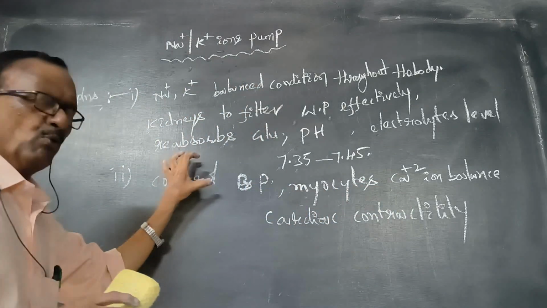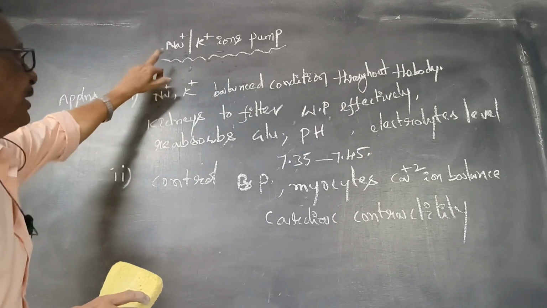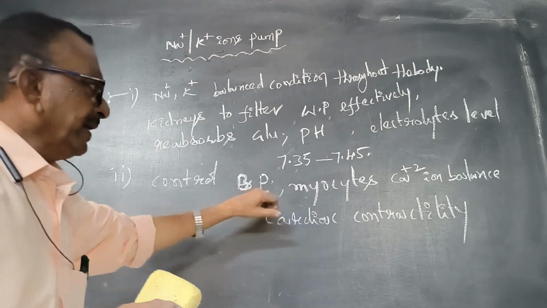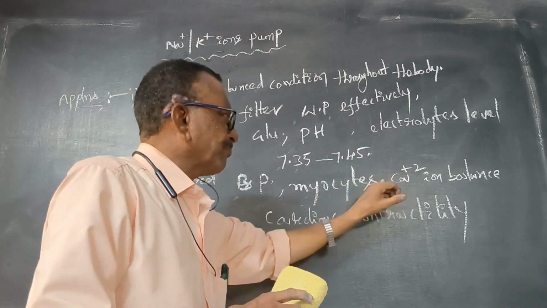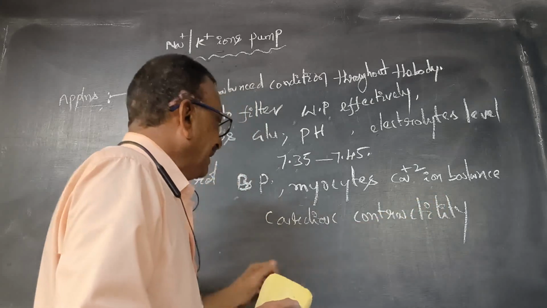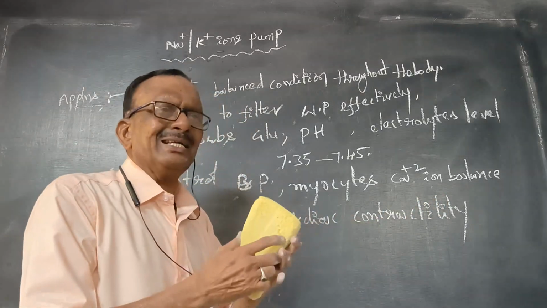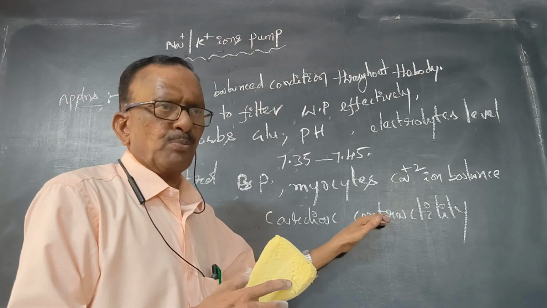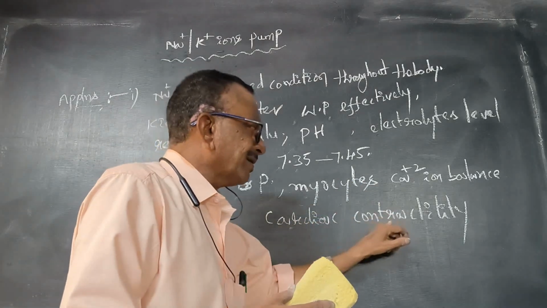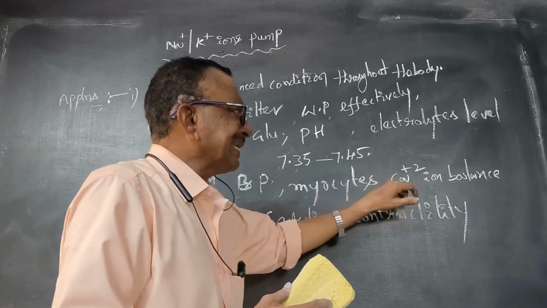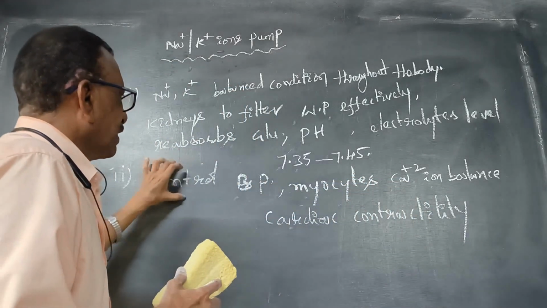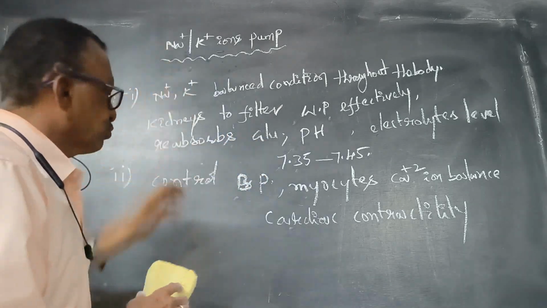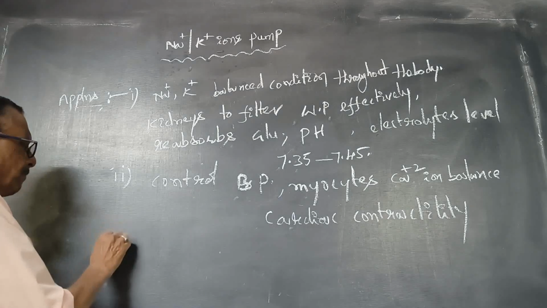So in the second point, the sodium potassium pump is controlling the blood pressure, myocytes calcium ion balance, and cardiac contractility. Contraction means systole. This is the second important function of the sodium potassium ion pump.